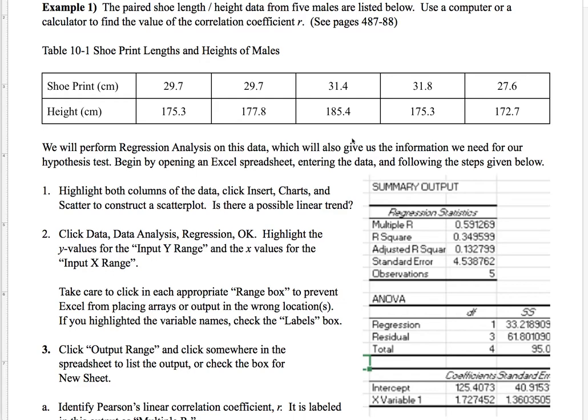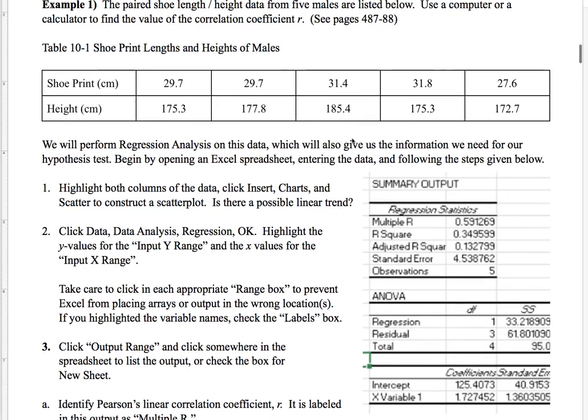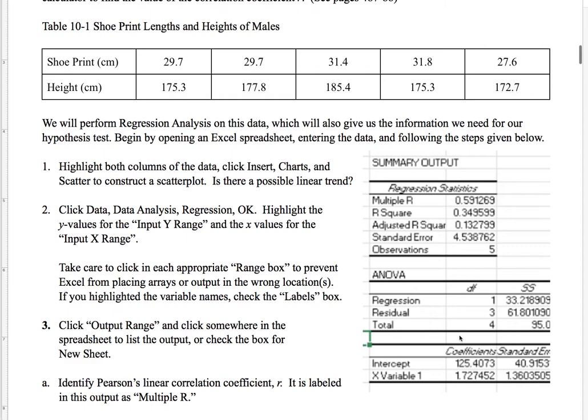And we're told to highlight both columns of data, click Insert, then click Charts, and so on. So this is the output that we will get when we're done. And now I'm going to go to that Excel spreadsheet so that I can go through all those steps, and you can see them up close and in detail.